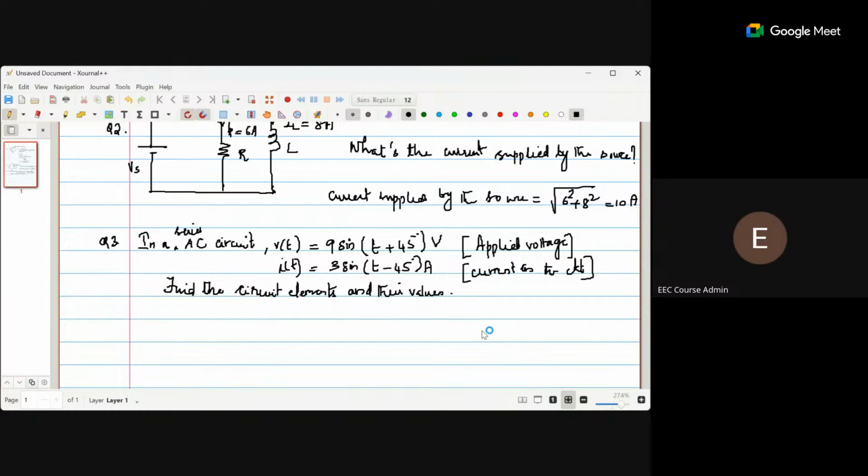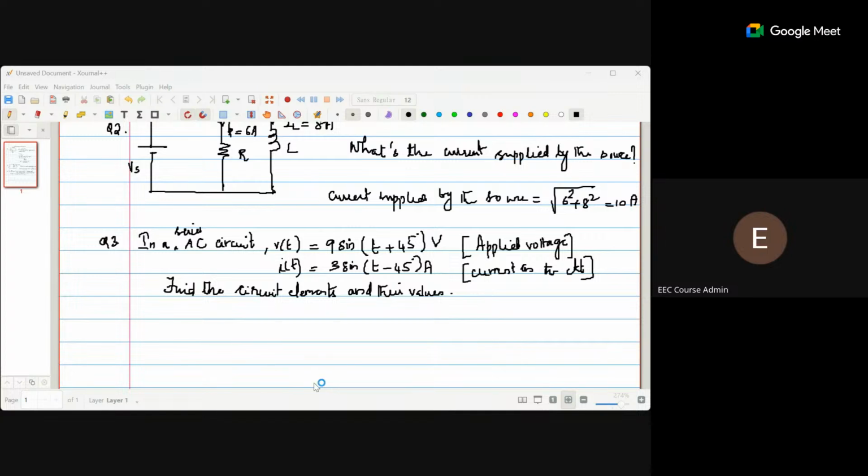First of all, is it the voltage leading or the current leading? Which one? From the given expressions, is it the voltage or the current leading?